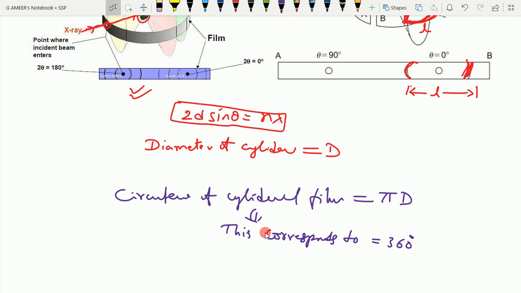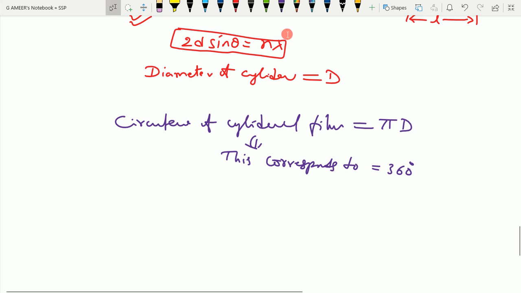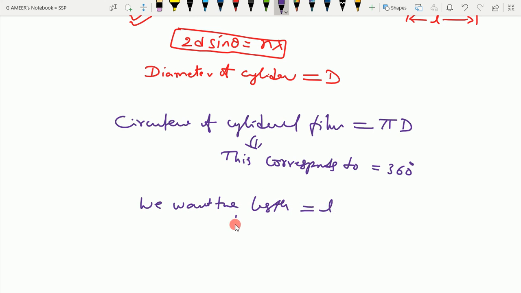Now I want the length L. This corresponds to the angle 2 theta plus 2 theta, that is 4 theta.